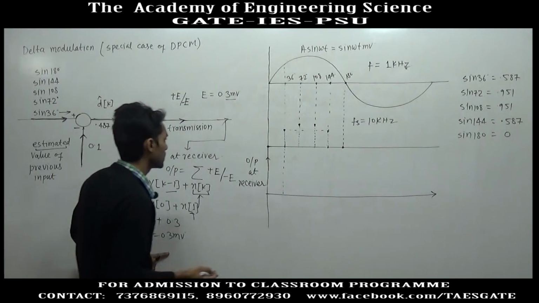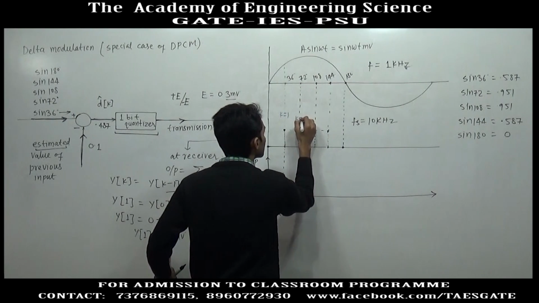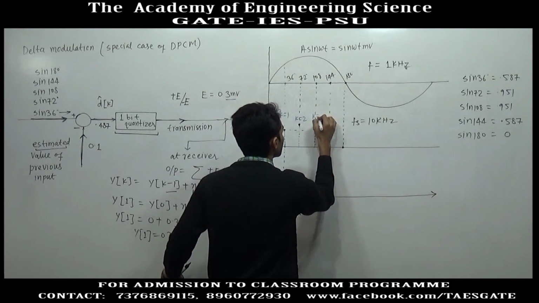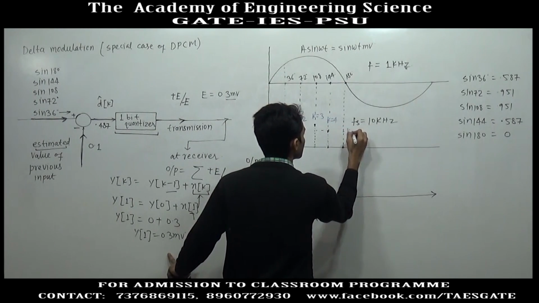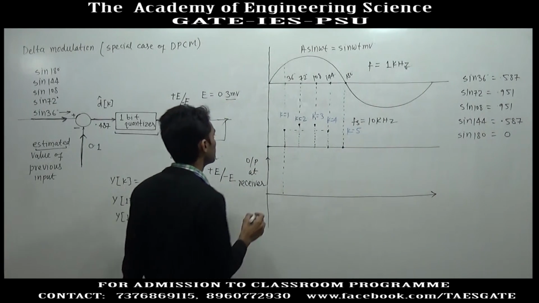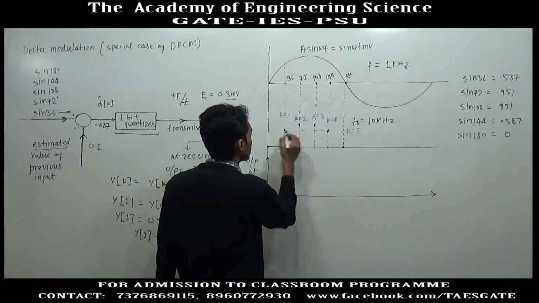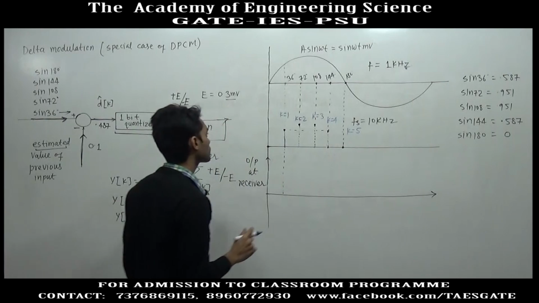So the first output is at k equal to 1, here k is equal to 1, here k is equal to 2, k is equal to 3, k is equal to 4, and here k is equal to 5. At k equal to 1, the output is 0.3 millivolt. This is 0.587 millivolt. So the 0.3 millivolt will be like this. So this is the first output.